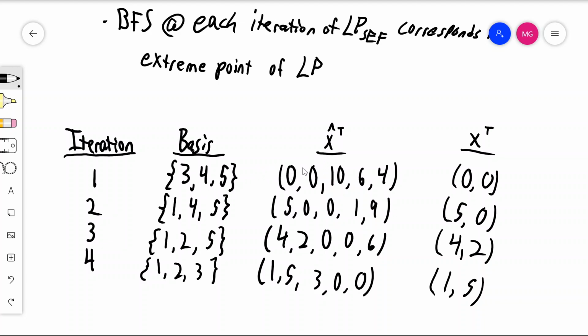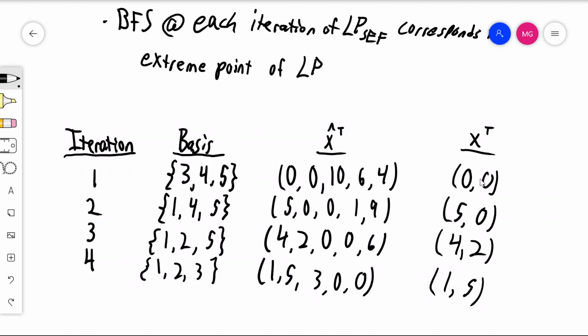x hat. It's the 5 coordinate point 0, 0, 10, 6, 4, and then correspondingly the bijection between these is that you just project down from this 5-dimensional point to this 2-dimensional point, just looking at the first 2 components. It's 0, 0.